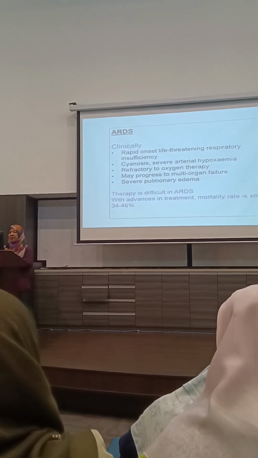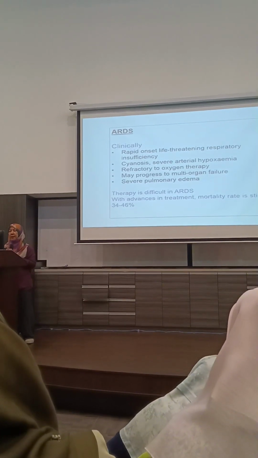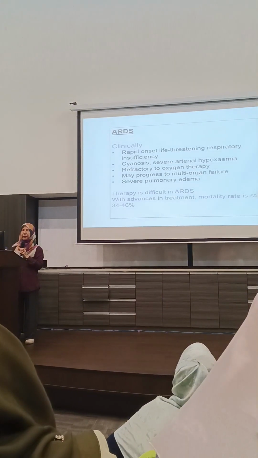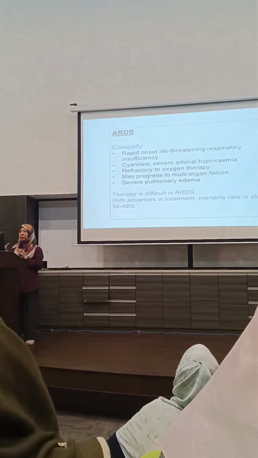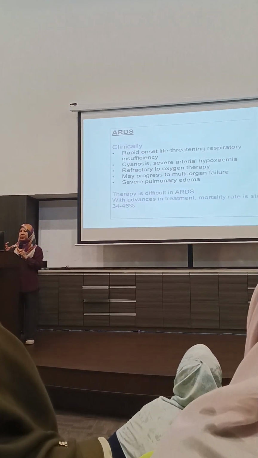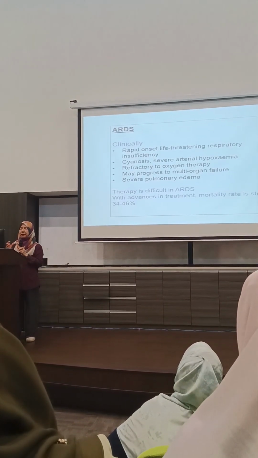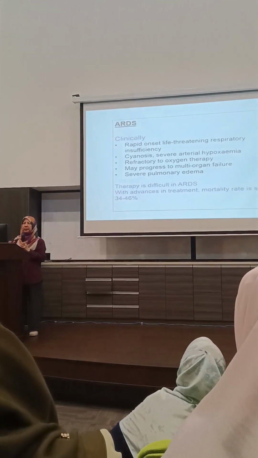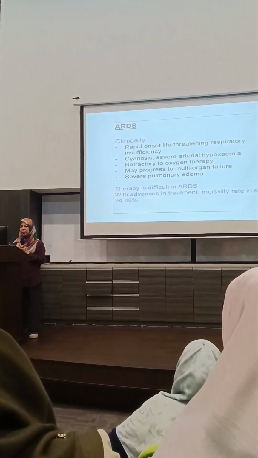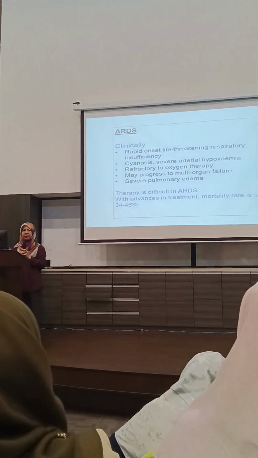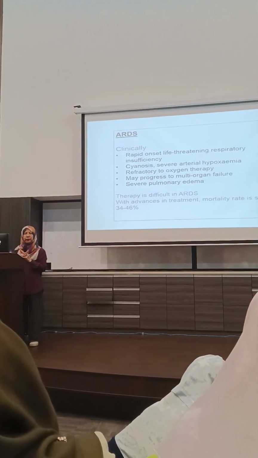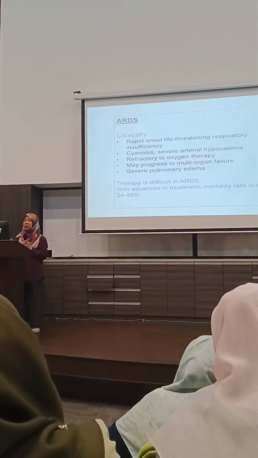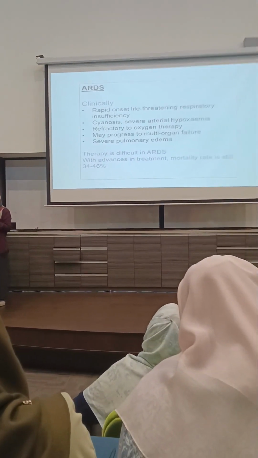So ARDS is rapid. The rapid onset and life-threatening. So once you go into this condition of ARDS, you have to support by ventilator. If you are outside the hospital, if you are in the remote areas, there's no way you can survive ARDS. So they have to be in the hospital for oxygen therapy.